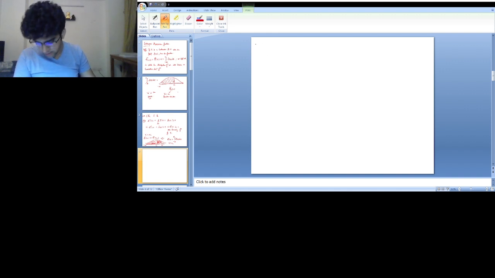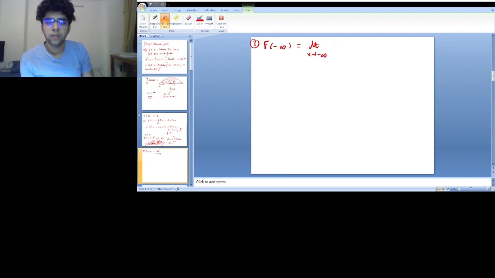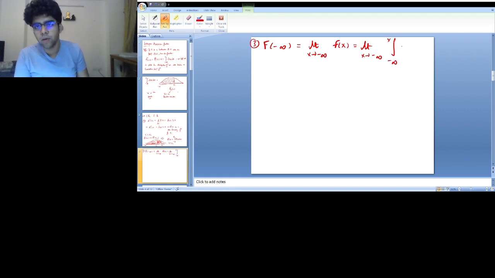Now the third property says that F of negative infinity is equal to the limit as x goes to negative infinity of F of x, which means the limit as x goes to negative infinity of the integral from negative infinity to x of f(t) dt, which is the formula of my CDF.